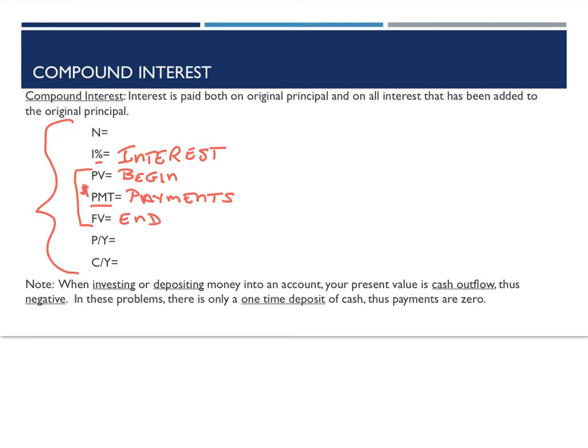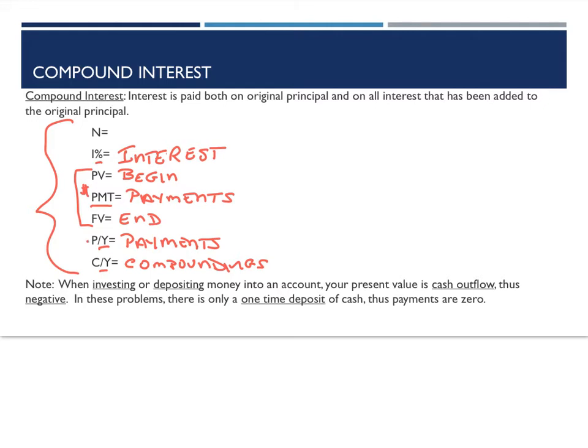Now the PY and CY, that /Y means per year. The P stands for payments. The C stands for compoundings. This is payments per year and compoundings per year.